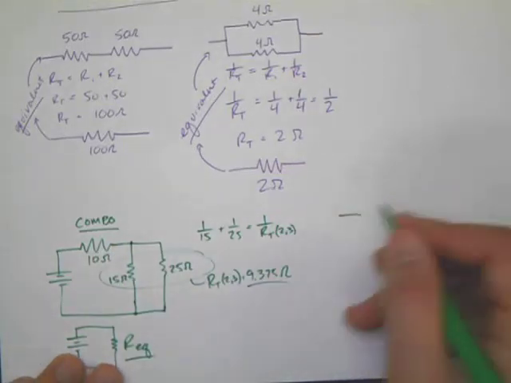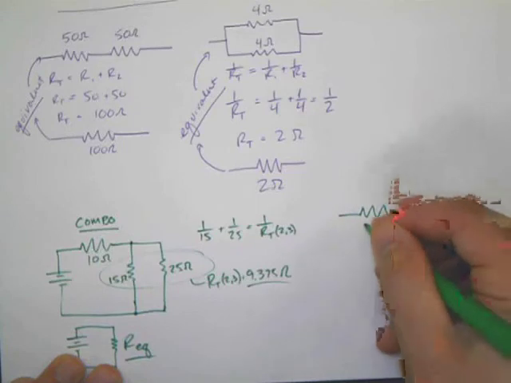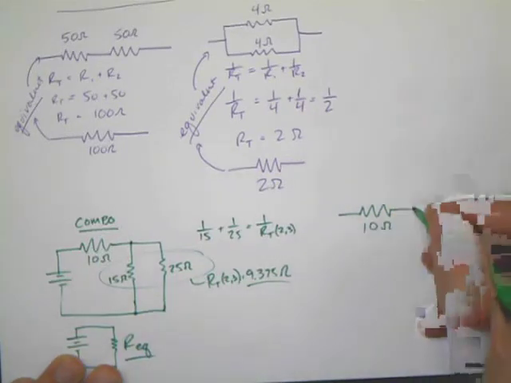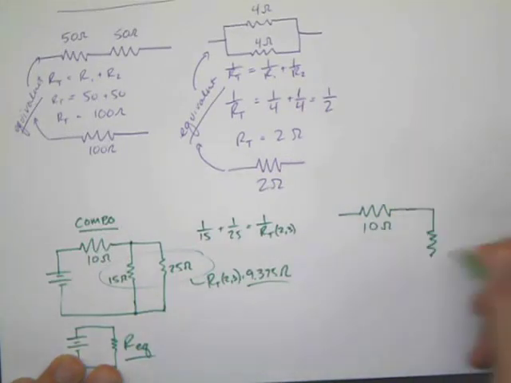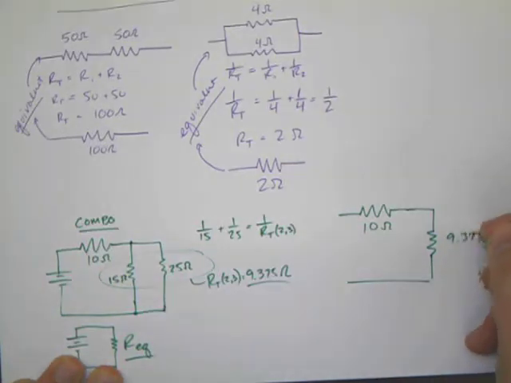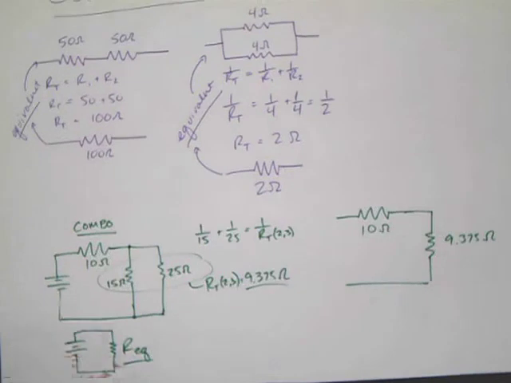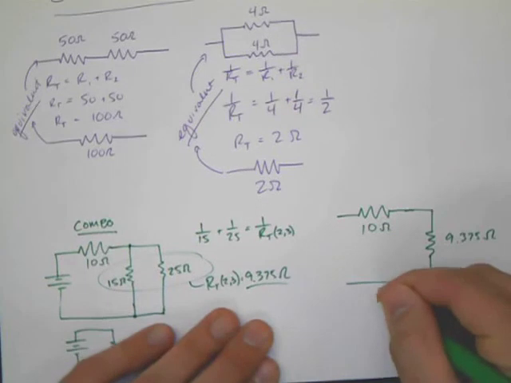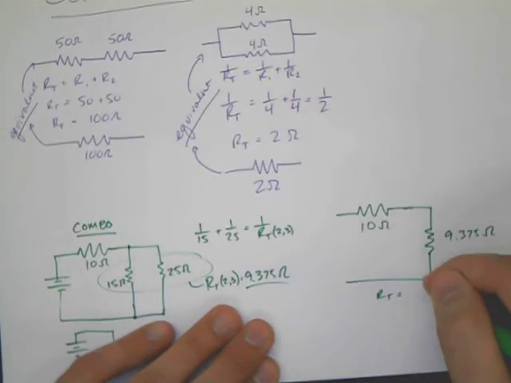So let's redraw that. So I still have my 10 ohm in series, but now I'm going to replace those other two with a single 9.375 ohm resistor. And I'm left with two resistors now in series with one another. So what's the total resistance of these two? Well, the total resistance in series just adds together.